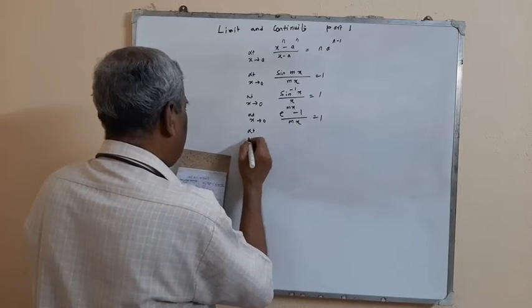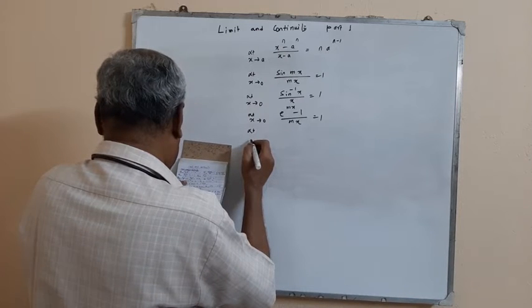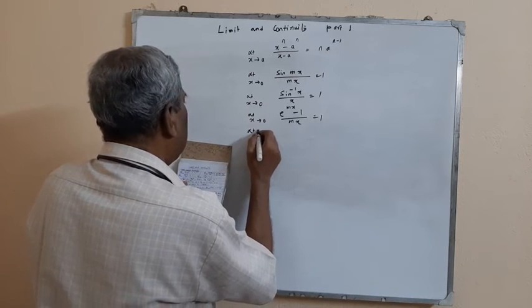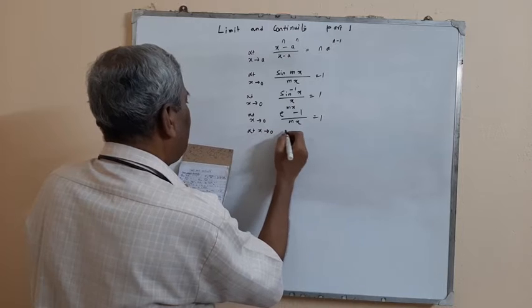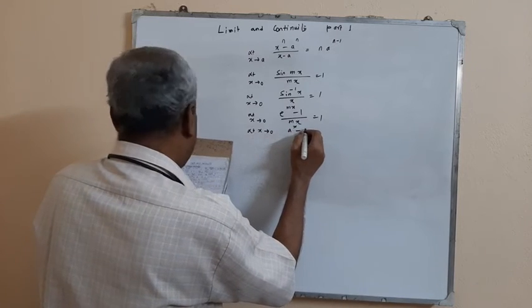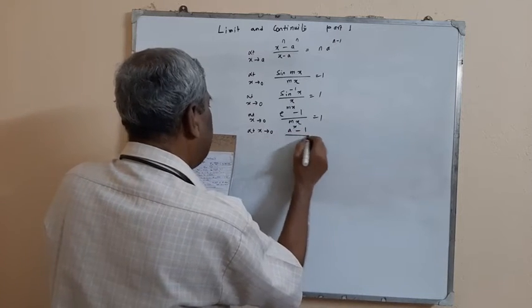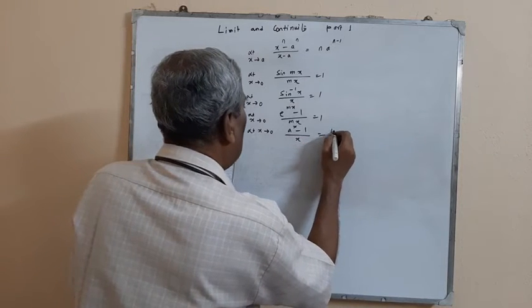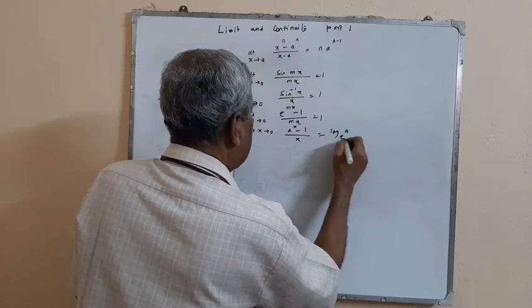Limit x tends to 0 a to the power x minus 1 by x is equal to log a base e.